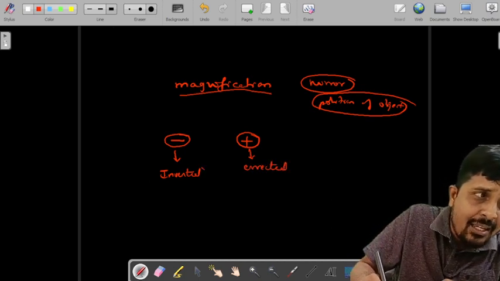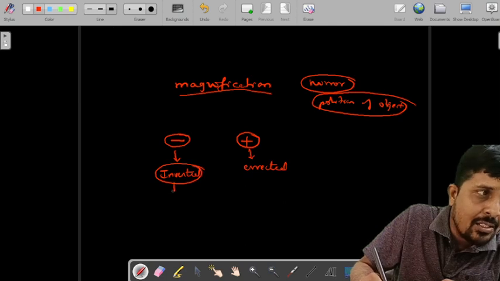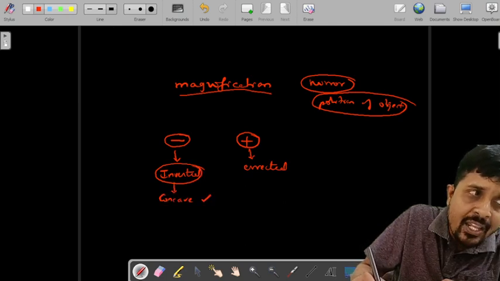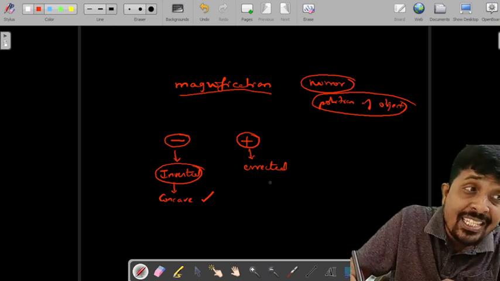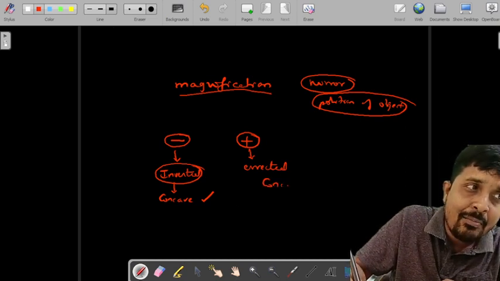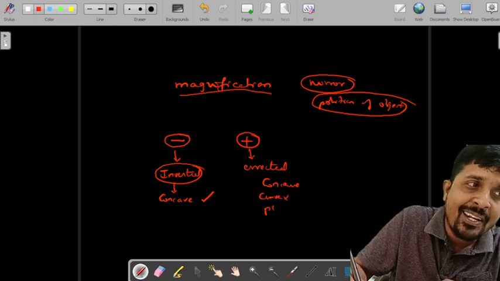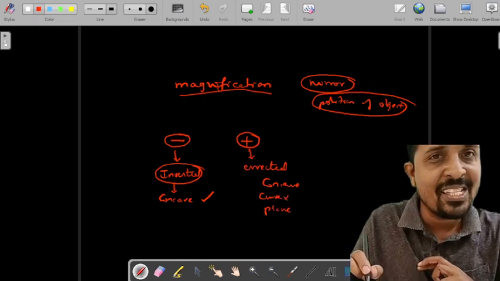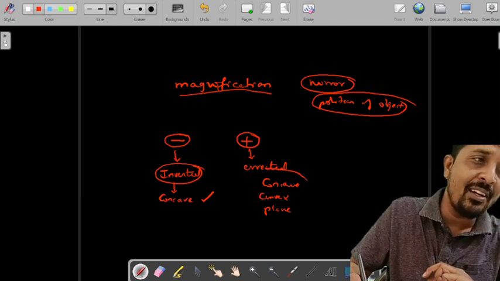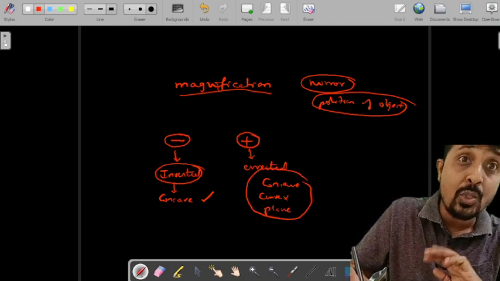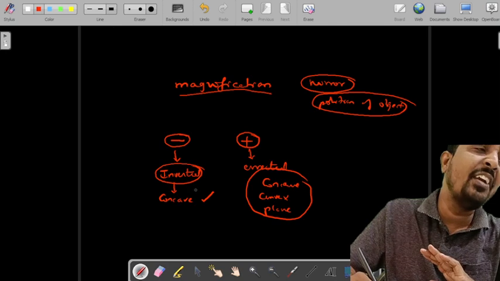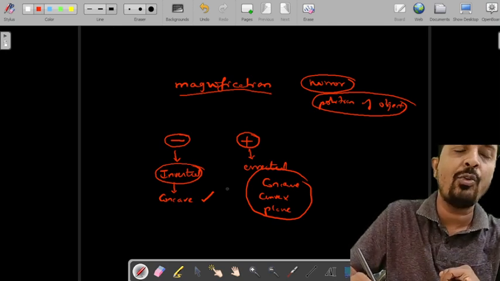Whenever you see minus, your answer should be concave mirror only. Whenever you see erect, your answer may be concave mirror, convex mirror, or plane mirror. That means again we have a chance of three mirrors. Erect means you just have to stop and think. If it is inverted, no need to think, it is concave mirror only.